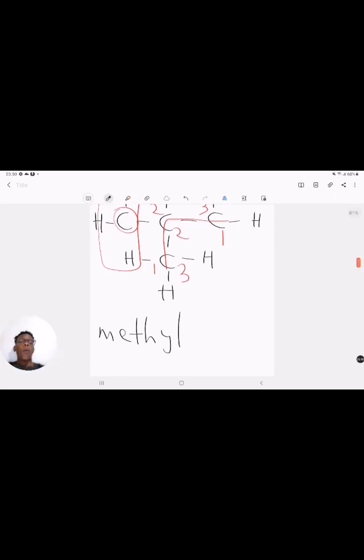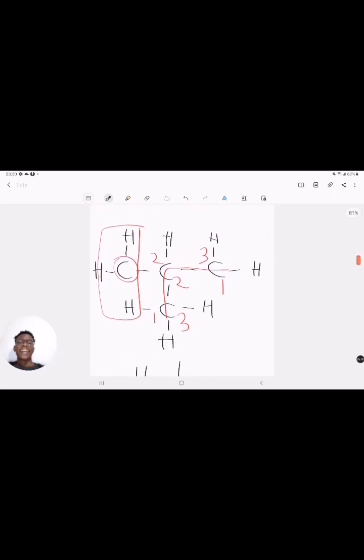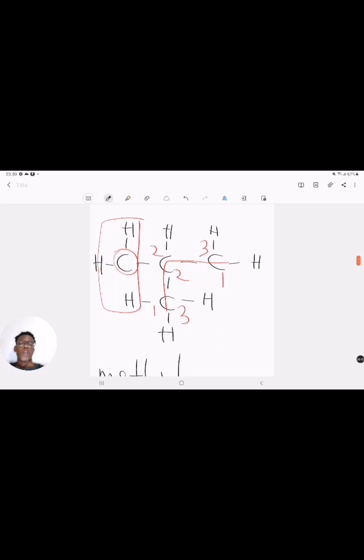Now, what is this alkyl group attached to? What aliphatic compound is this alkyl group attached to? Well, firstly, what kind of aliphatic group am I dealing with? Is it an alkene, an alkyne, or an alkane? Well, the maximum number of bonds between any two successive carbon atoms is 1.